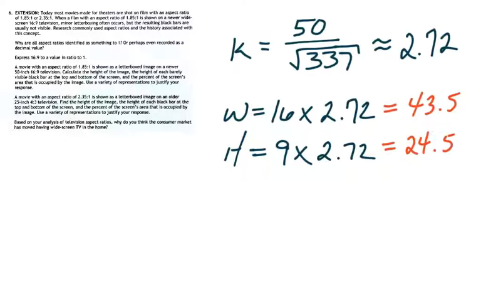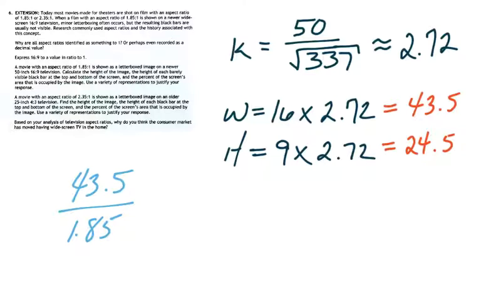Now we need to calculate the aspect ratio and convert it to the ratio of 43.5 to 24.5. So we will take 43.5 and divide it by 1.85, so we can see what the second dimension, the height, is going to be for the image.